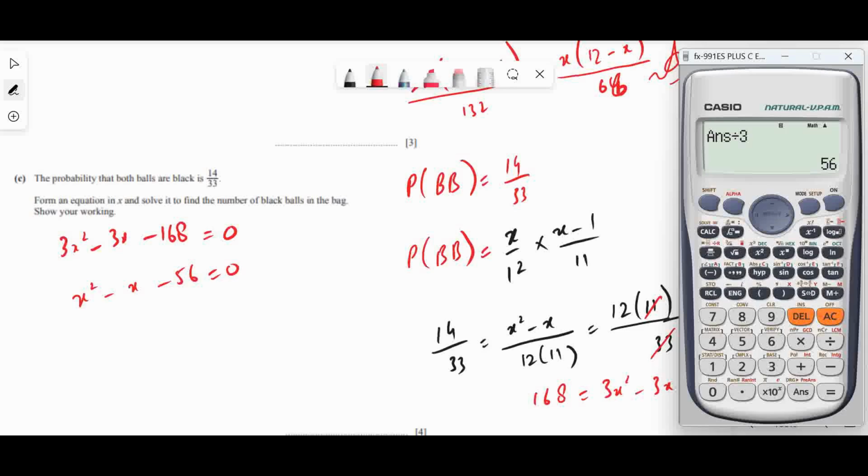Now this is a quadratic equation and we can easily find out the value of x. We can directly use the calculator, mode equation 5 3. A is 1, b is minus 1, and c is 56. This gives an imaginary number.